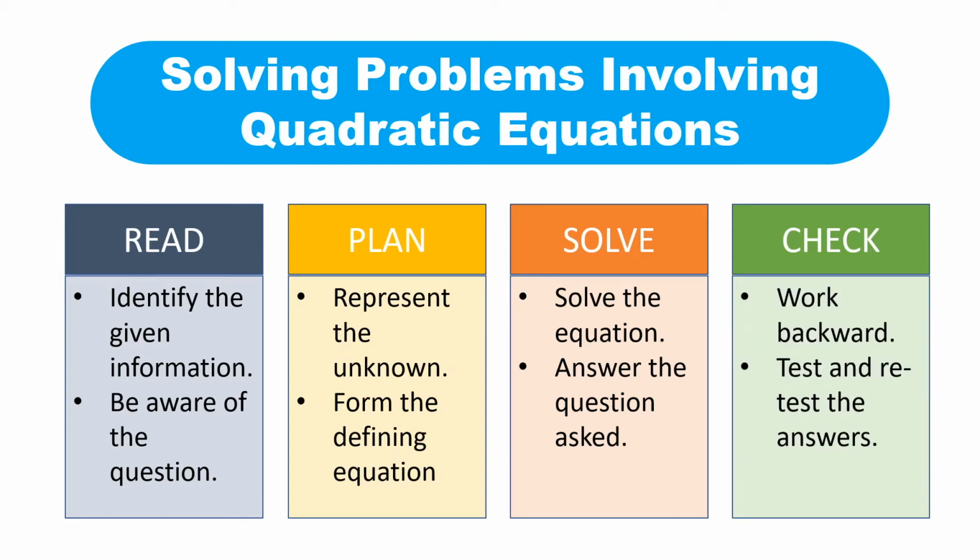And when we check, we can use different approaches, such as, but not limited to, working backwards in order to test and retest our answer. These steps will be demonstrated in solving problems involving quadratic equations.